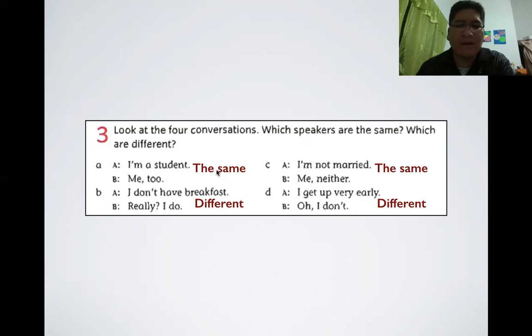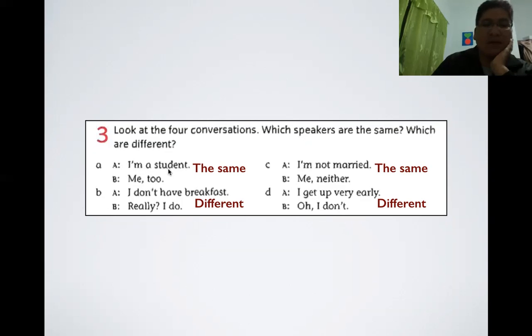Okay. For example, when the other person says me too, that means the same answer. So both people are students. I am a student, and the other person says, me too. In conversation B, the person says, I don't have breakfast. But the other person says, really, I do.